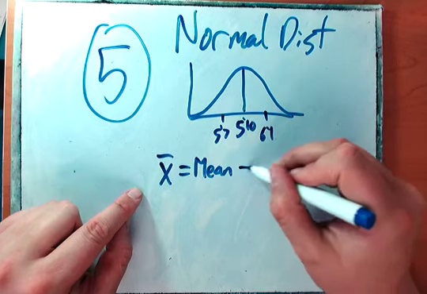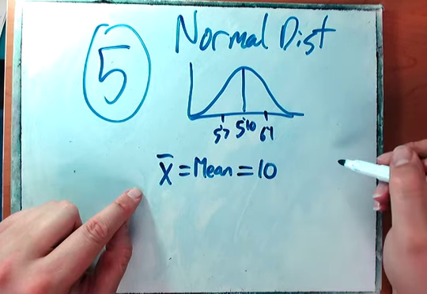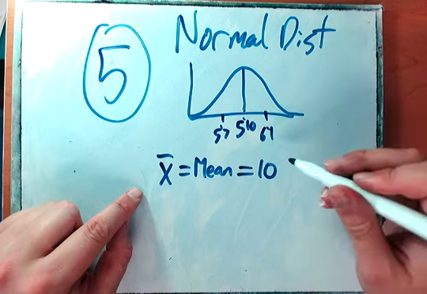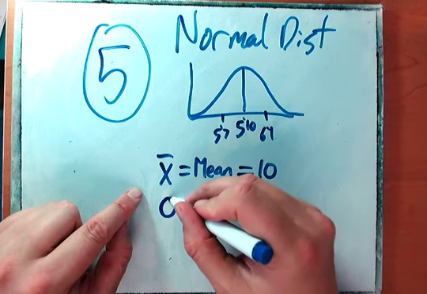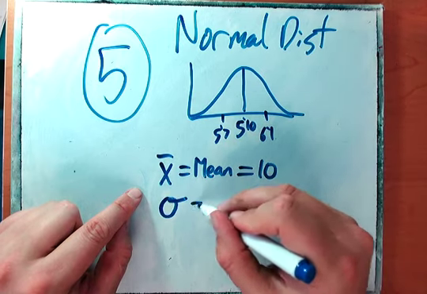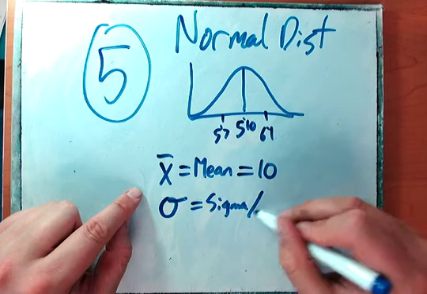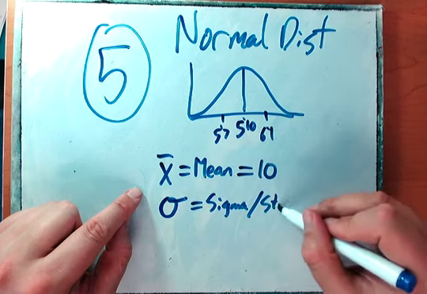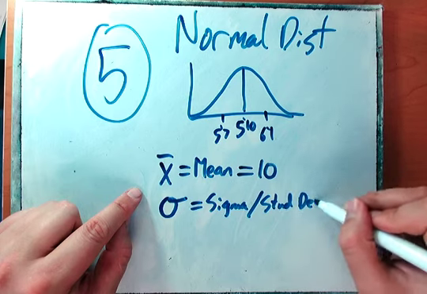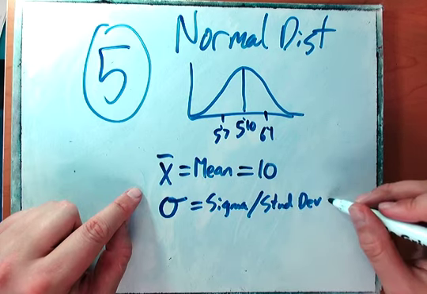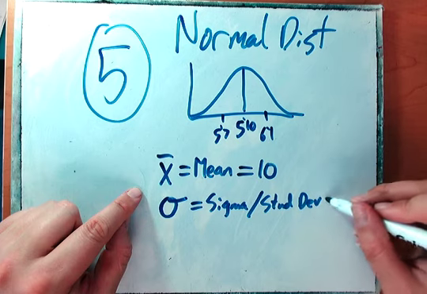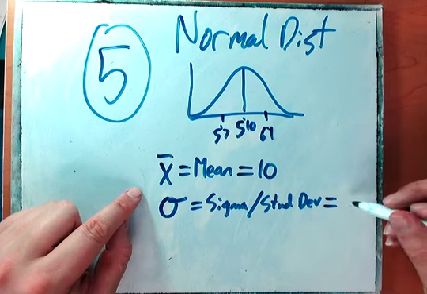But in this case, we've said it's 10. Then we've got this standard deviation piece, which is also sigma, or standard deviation. The standard deviation here is equal to 2.